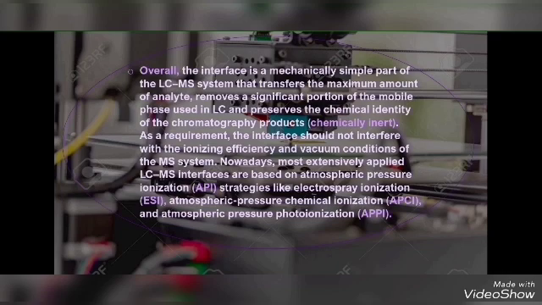Nowadays, the most extensively applied LC-MS interfaces are based on atmospheric pressure ionization (API), with strategies like electrospray ionization (ESI), atmospheric pressure chemical ionization (APCI), and atmospheric pressure photoionization (APPI).